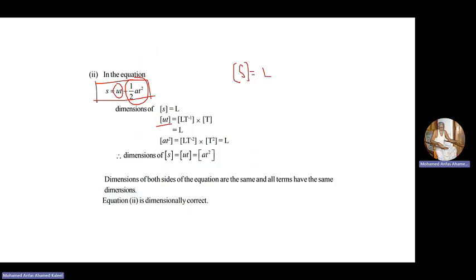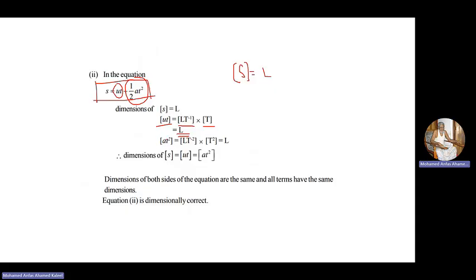Let's check ut. The dimension of initial velocity u is LT minus 1, multiplied by time, whose dimension is T. So the dimension of ut is L. Similarly, for half at squared, numbers don't have dimensions, so we take at squared only.